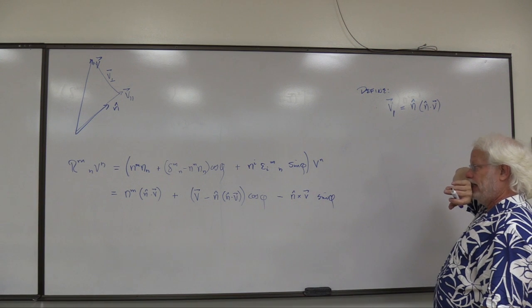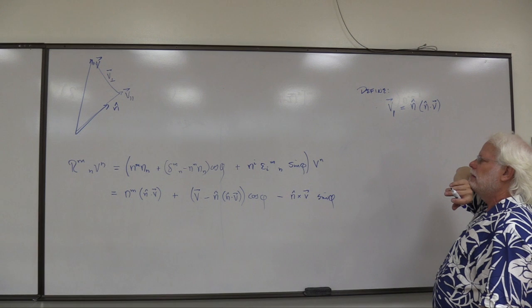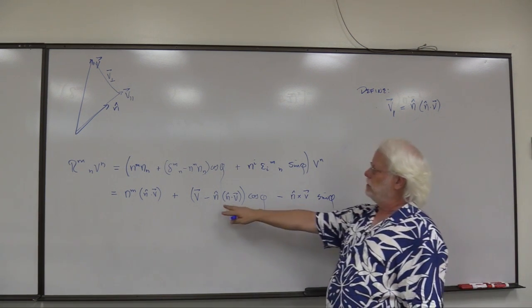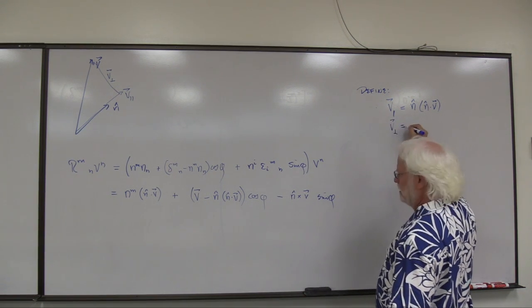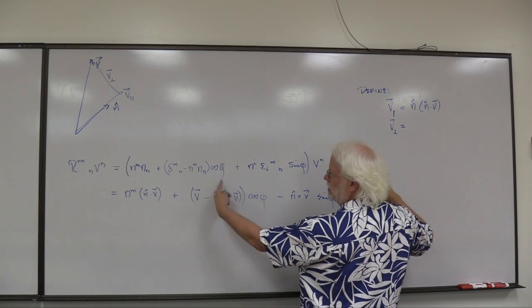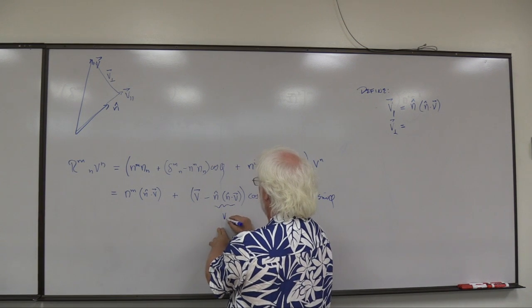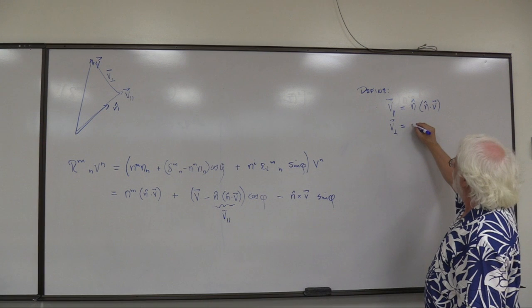Now, what do we need? V perpendicular is exactly this. It's v minus the part along n, which is v parallel. So v minus v parallel is v perpendicular.